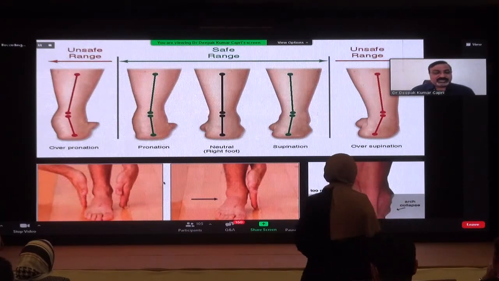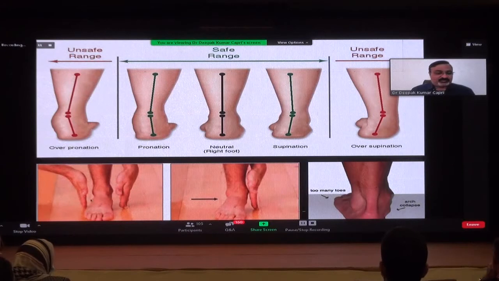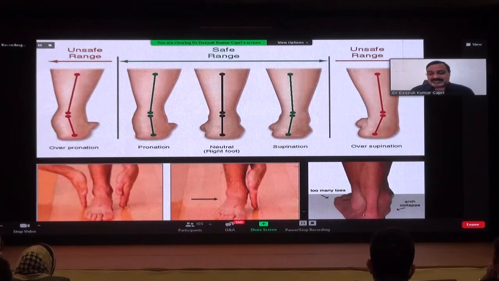So how to check that and what are the clinical implications of these two, this is what we are going to discuss. A very simple test when you want to check if it is over-supinated or pronated: you stand behind the patient, and if it is over-pronated, you will see the convexity of the tendon Achilles on the medial side. But if it is over-supinated, you will see the convexity on the lateral side.